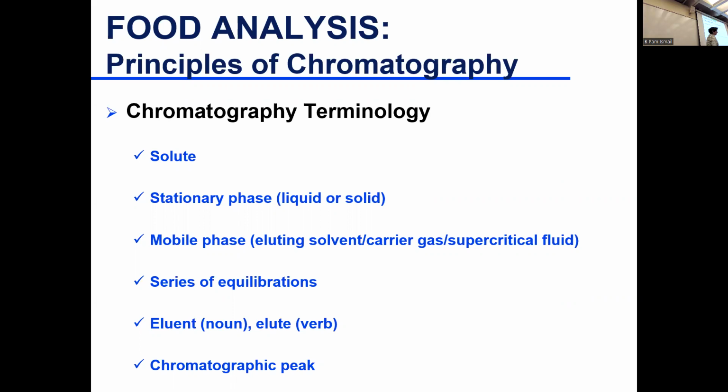So the solute is the component that is soluble in one of the phases. So the solute or solutes are the components that you want to separate or detect or quantify. So you want them to be miscible in one of your phases, basically. Stationary phase, it can be a liquid or a solid.